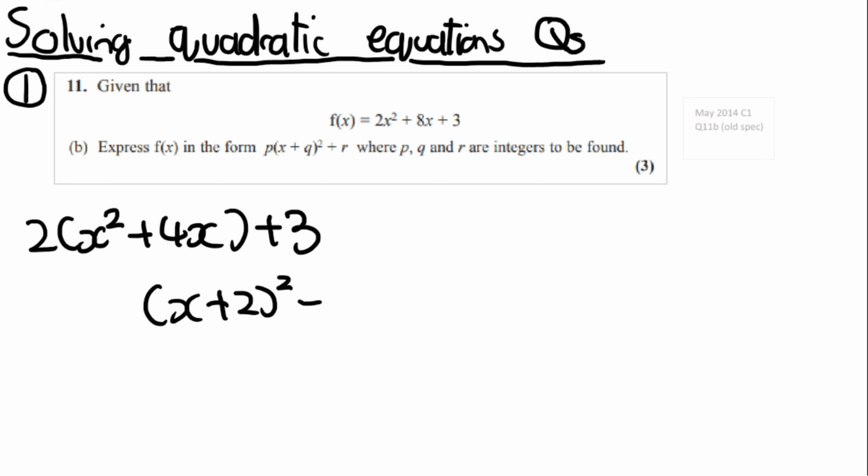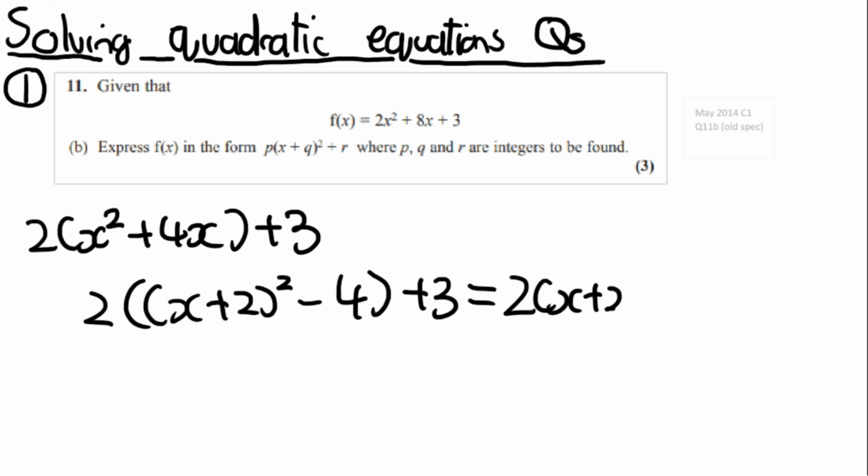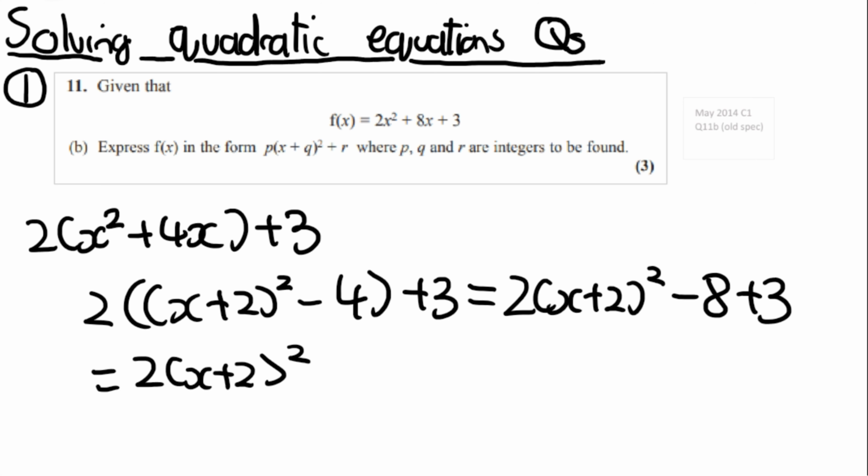And then you minus the 4, because 2 squared is 4, and you need to cancel that out. And then you put that all in the brackets of 2, and then you plus 3. And then you expand the brackets to do 2(x plus 2) squared minus 8 plus 3. And you simplify that to do 2(x plus 2) squared minus 5. And that's the final answer.